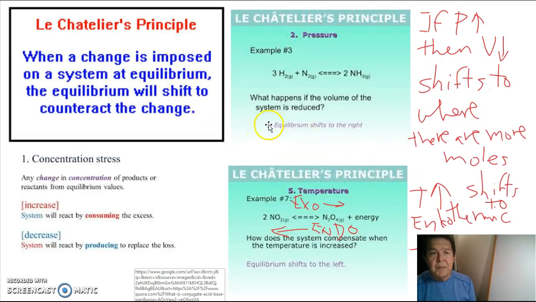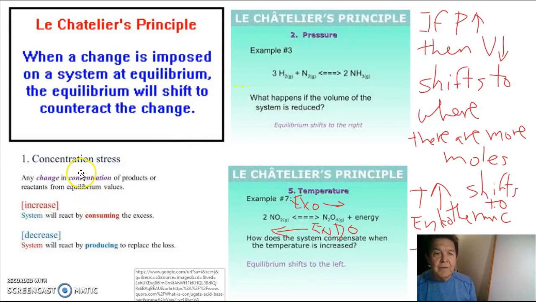Le Chatelier's principle establishes that when a change is imposed on a system at equilibrium, the equilibrium will shift to counteract the change, going in the opposite direction of the change to reestablish the equilibrium.